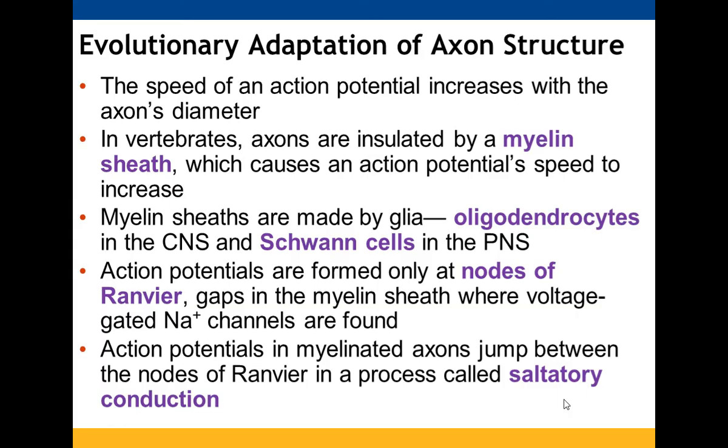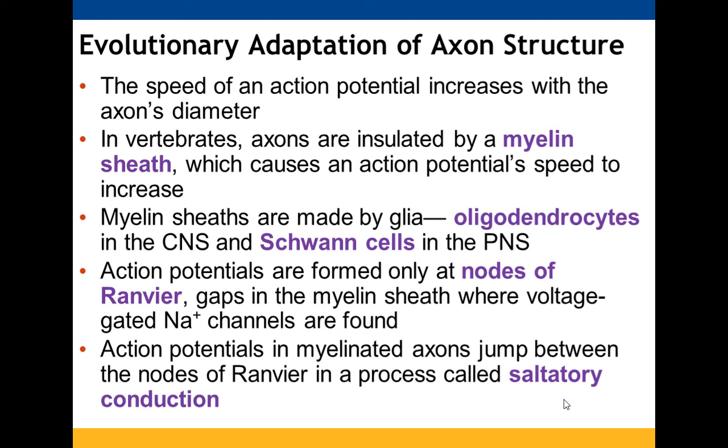An action potential speed will increase with its diameter, and vertebrates are able to increase that diameter with that myelin sheath, which is made by glia, the oligodendrocytes in the central nervous system, the Schwann cells in the peripheral nervous system. These potentials get formed at nodes of Ranvier.